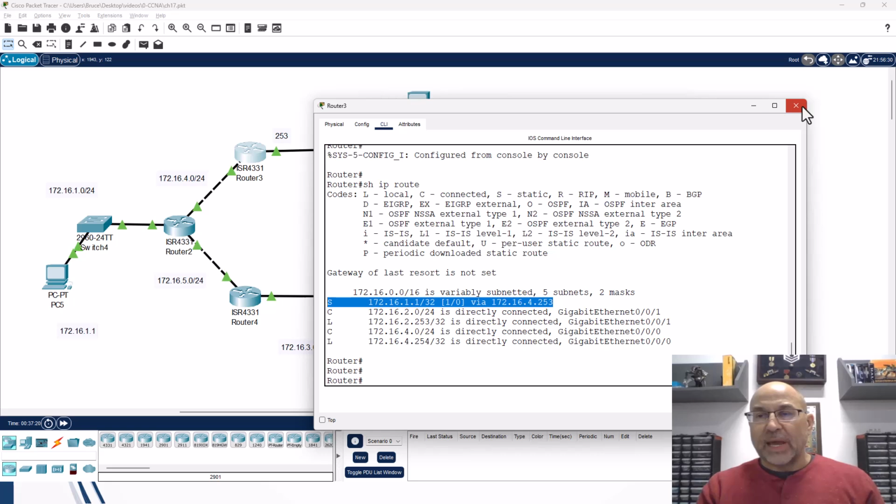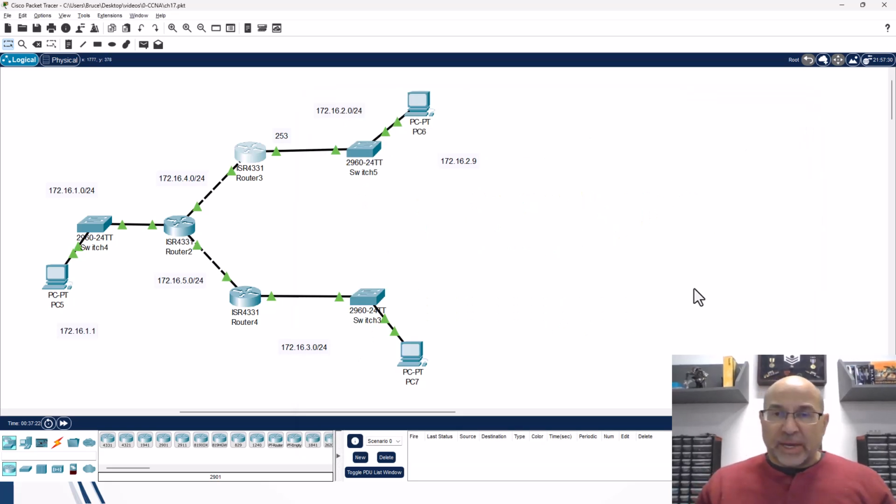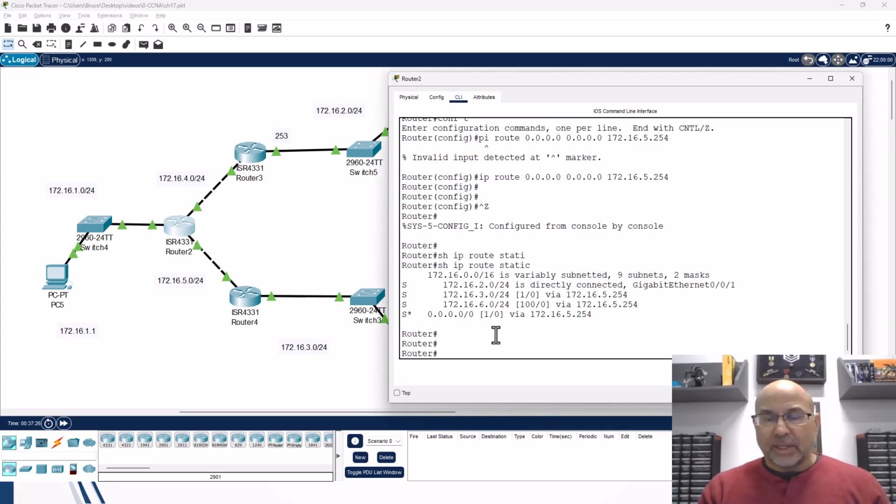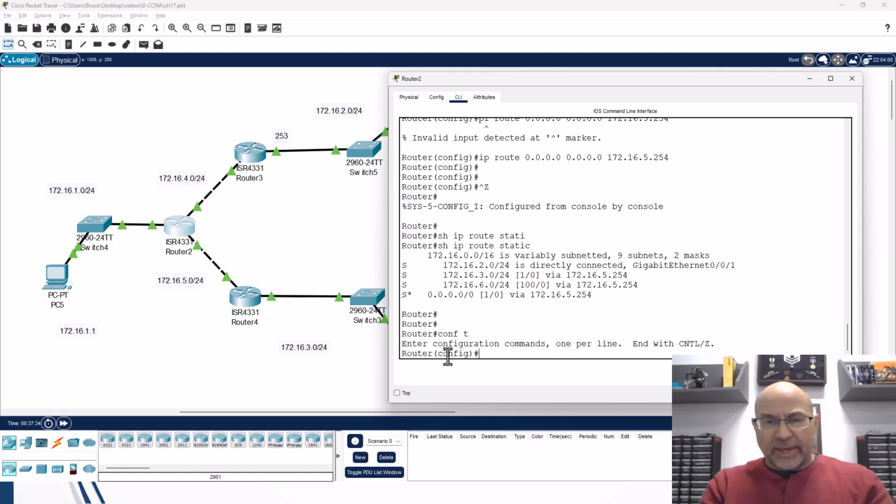All right. Now, if I ping, this will get all the way down there, but we won't know how to get back. So we've got this wonky static route here. So I'm going to say config T. We're going to get rid of that entirely, just to make sure that our host-specific routes work. So I'm going to say no IP route 172.16.2.0.